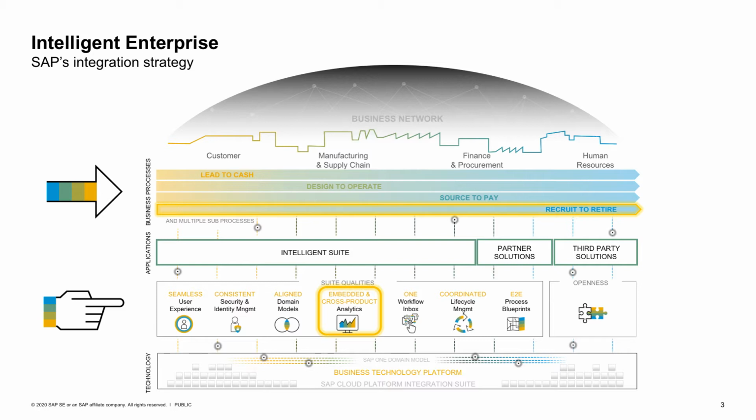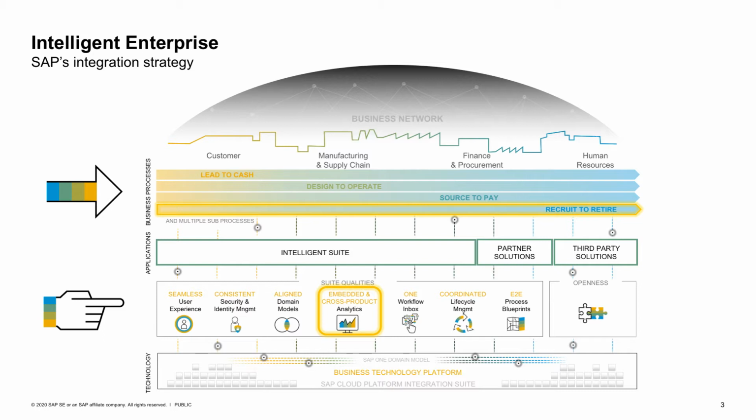If you look at the bottom of the diagram, you will notice the Business Technology Platform, or BTP, which is the single unifying foundation of SAP's cloud offering to build, integrate, innovate, and extend the end-to-end business processes of the intelligent enterprise, and not just on SAP's intelligent suite, but also for partners and third-party solutions.